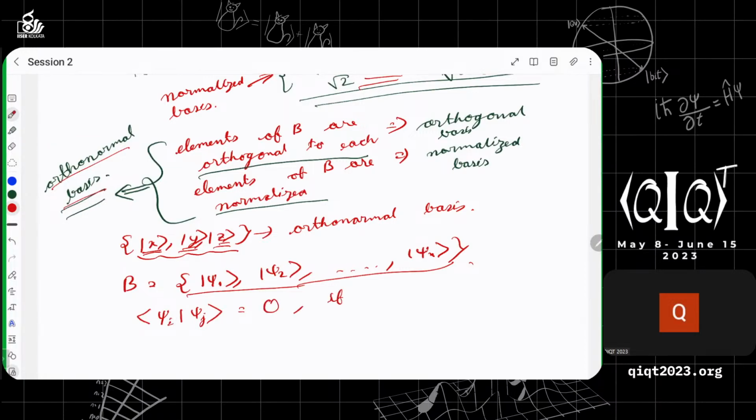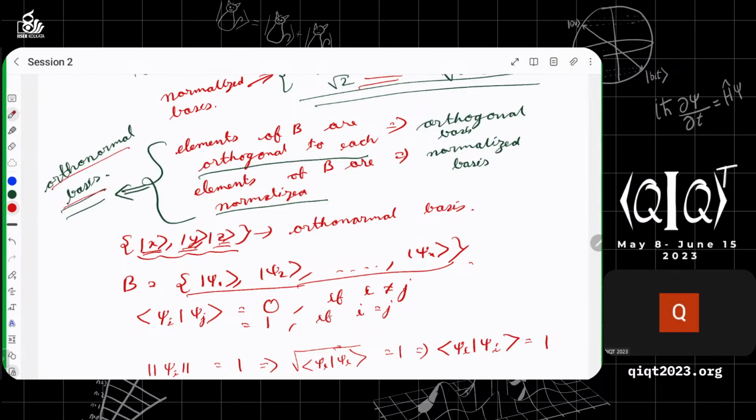And since this is normalized, we can also say that mod psi i would be 1, but mod psi i we know is just root over of psi i psi i. So if you square both sides, then psi i psi i is 1. So it's 1 if i equals j.